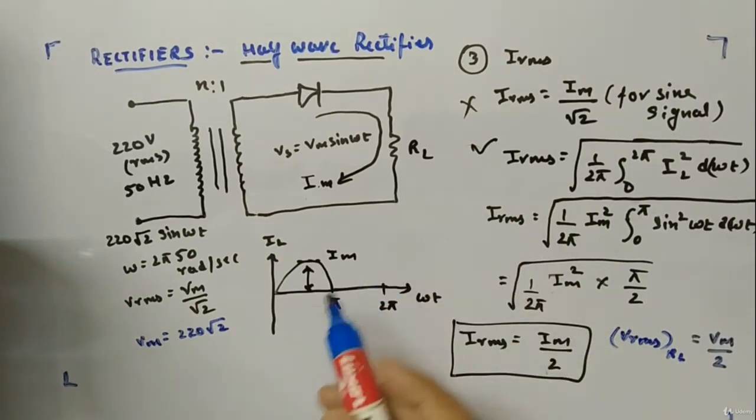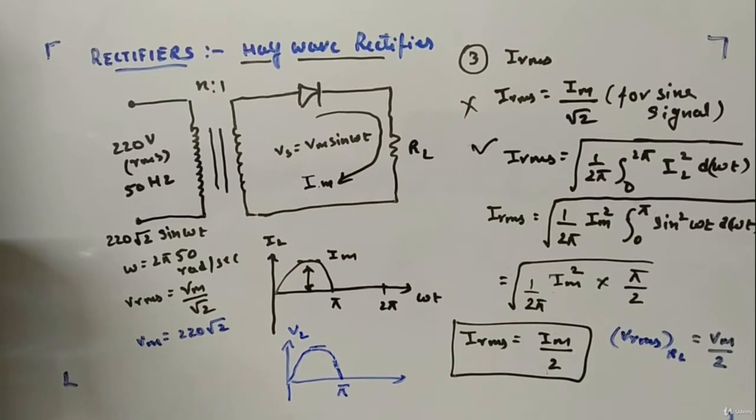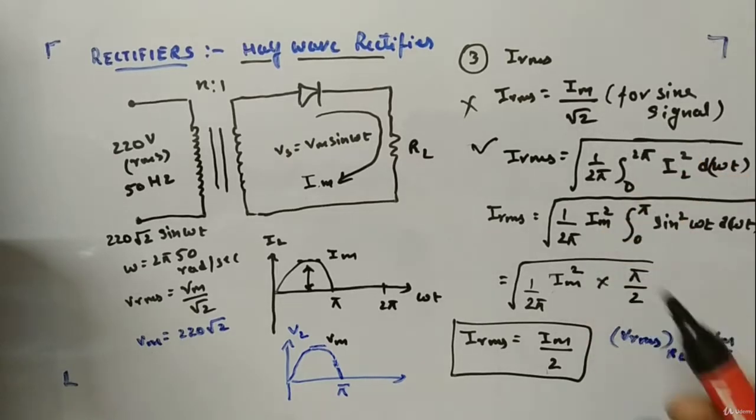at the output, if you will see the curve for voltage VL, it will also look like this. Okay, it is just a voltage between 0 to pi, and its value will be Vm. If this is the curve, then this will be the RMS value, the same calculation as this.